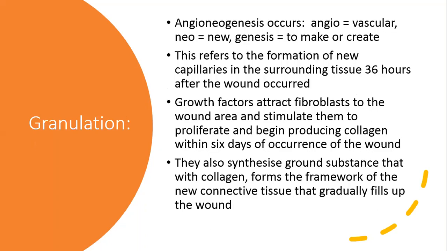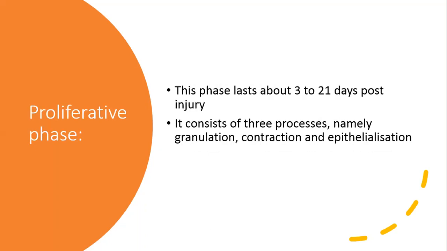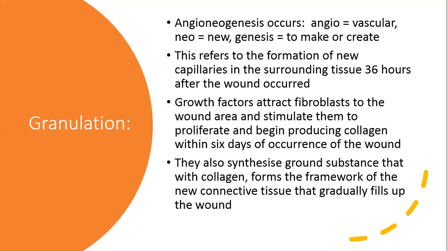Right, so if we look at the first part of the proliferative phase, granulation, during granulation there is a process that occurs, and we call that process angioneogenesis. Angio referring to vascular, neo to new, genesis to make or create. So this means making or creating a new vascular system.